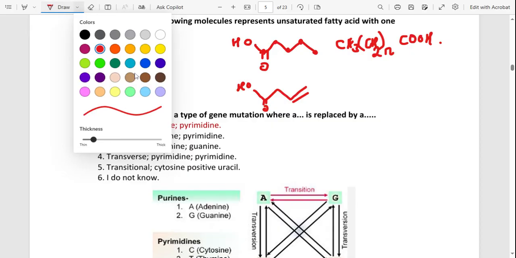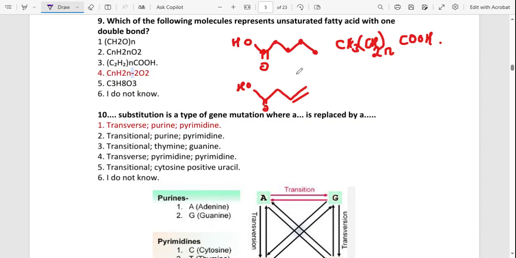Okay, so what changes in this case? What has changed is that at this point, I'll put another one there so that we maintain the same. At this point, initially, we're supposed to have two hydrogens, isn't it? But because of the double bond, we only have one hydrogen because each carbon can only be bonded to four things. Same with this carbon, we only have one hydrogen. So the formula that we have, when you have got a monounsaturated fatty acid, you are going to remove 2 from it.